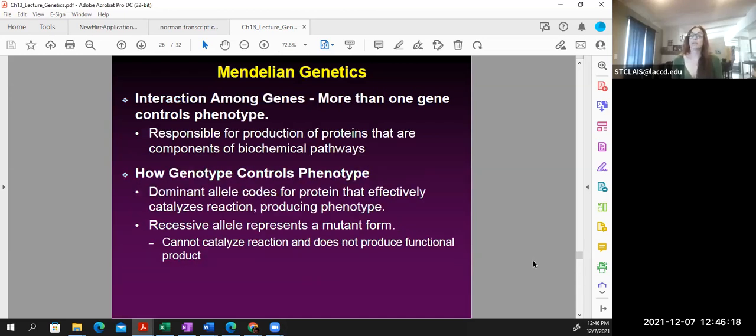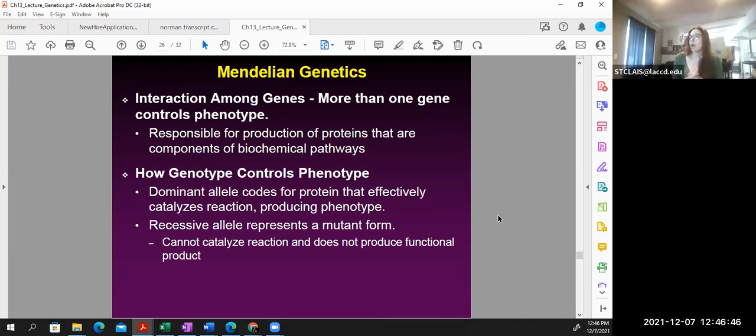Okay, we can also have pleiotropy or interaction between genes, where more than one gene is responsible for the production of a protein, and these genes may code for proteins that react or work together in order to produce the products that actually give you the trait that you would see for the phenotype.